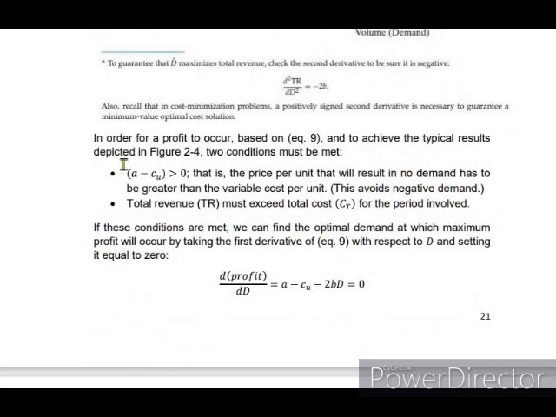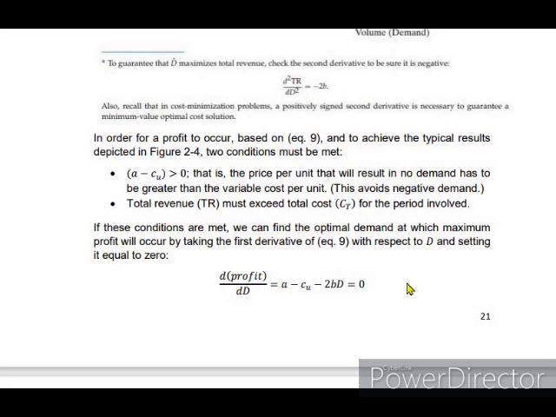Next is, in order for a profit to occur based on the equation 9 and to achieve the typical results depicted in the figure, two conditions must be met. First is, the quantity A minus C sub U must be greater than 0. That is, the price per unit that will result in no demand has to be greater than the variable cost per unit. Okay?